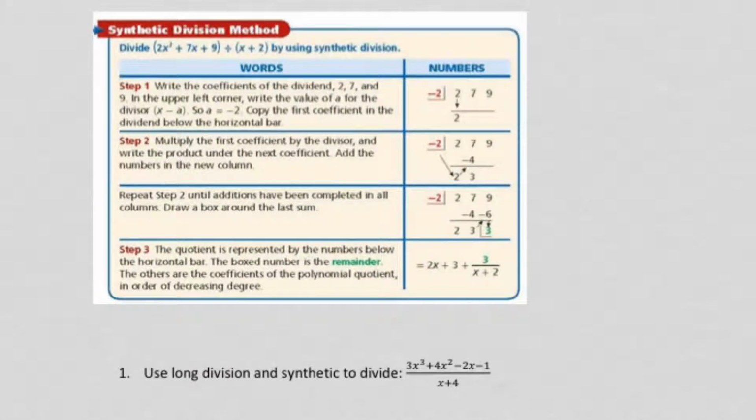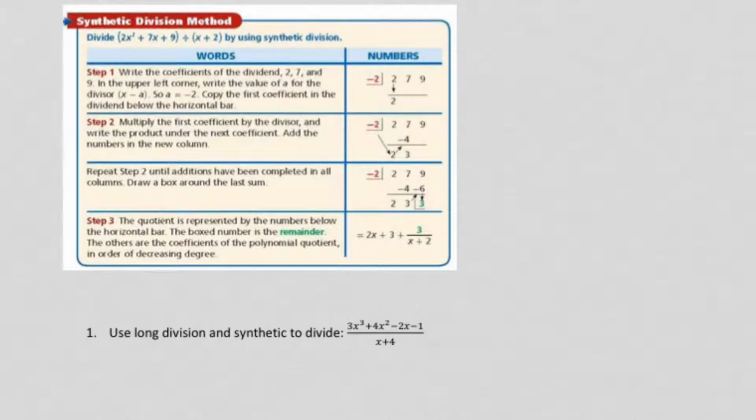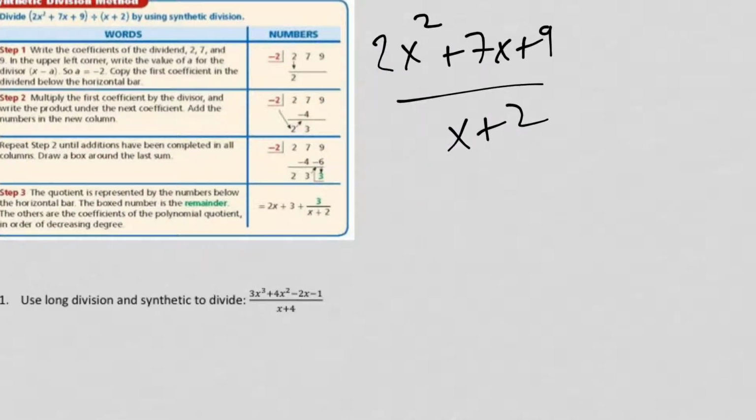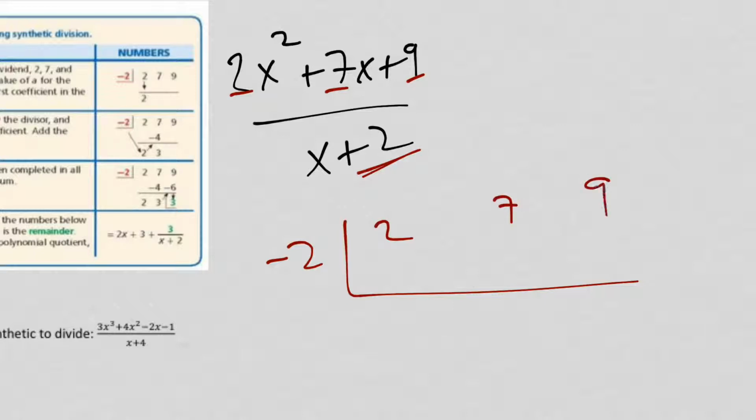In this example here, we're going to use synthetic division. If you're going to divide these two expressions from each other, you first set it up by doing this. You take the opposite of plus 2, which is minus 2, and then you write all the coefficients here in this upside down L shape.